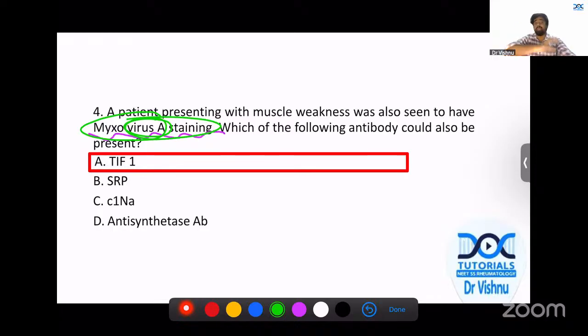We are using that same protein as a marker in dermatomyositis patients, because these patients are also producing the same protein. Why? Because here also type 1 interferon is increasing, because it's an autoimmune disease. So whatever the reason, type 1 interferon is increasing and producing this protein, and we are using it as a biomarker. We use that staining in muscle biopsy samples in dermatomyositis.